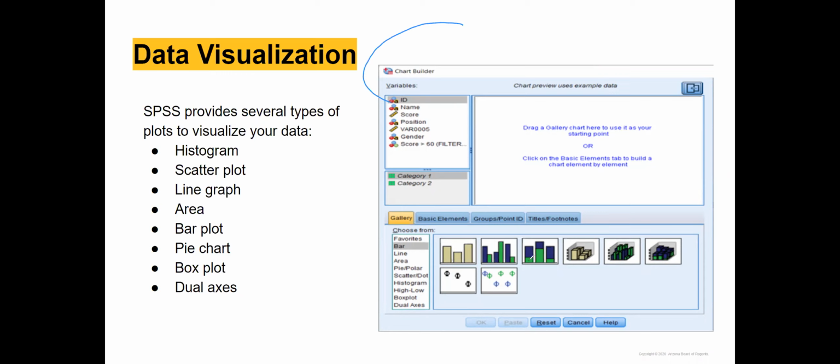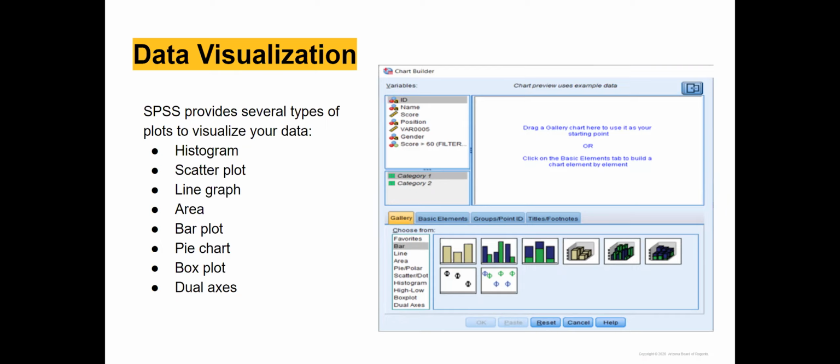You select the type of chart or graph you want, and click on OK. Depending upon the graph you selected, you'll get different boxes to select from, like to name or rename the axis, and depending upon the graph, you'll have different menus. So this is about data visualization. I'll not go into much detail about this.